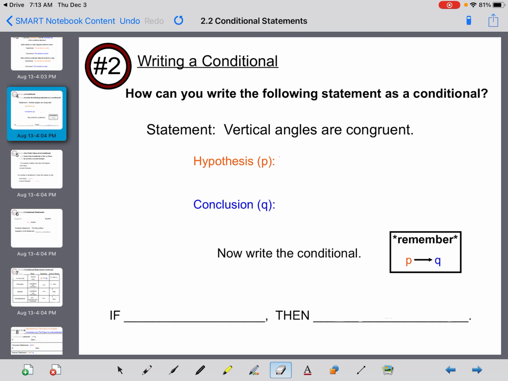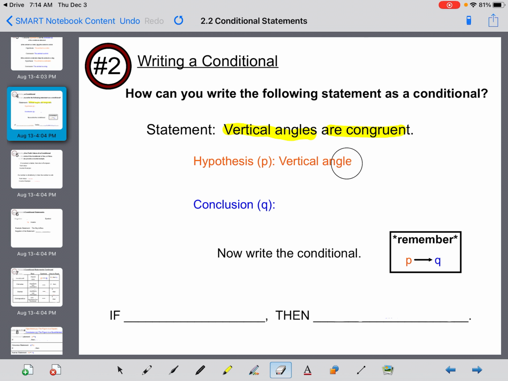Okay, so how can you write the following statement as a conditional? We are given a statement, and we need to break it down into a conditional, a hypothesis and a conclusion, and then write the statement using if-then. Okay, so we have vertical angles are congruent. So we have two pieces, vertical angles and are congruent.